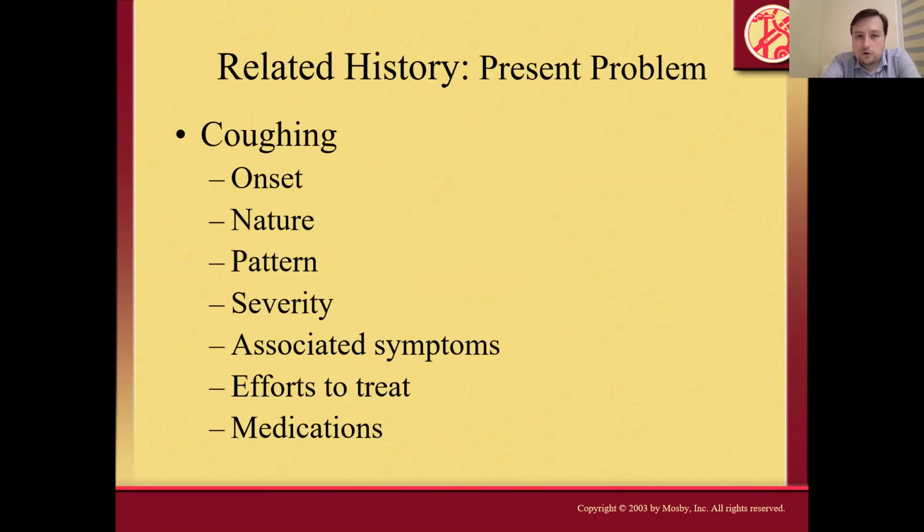What do we need to know from the patient about coughing? As with shortness of breath or dyspnea: onset, then nature of the cough, pattern, severity, associated symptoms, efforts to treat, and medications which the patient used to treat his cough.